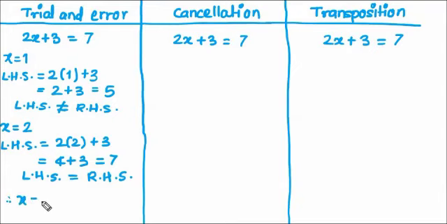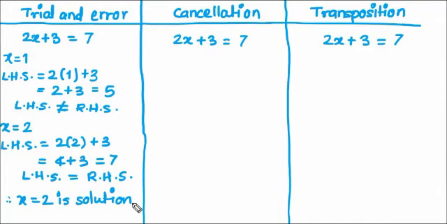Therefore, x is equal to 2 is the solution. In this case, we found the solution in 2 steps, but it may take many steps before we reach the solution because it's trial and error. We don't know. Although there are some ways where we can reach faster, it still takes time. This is a lengthy method.